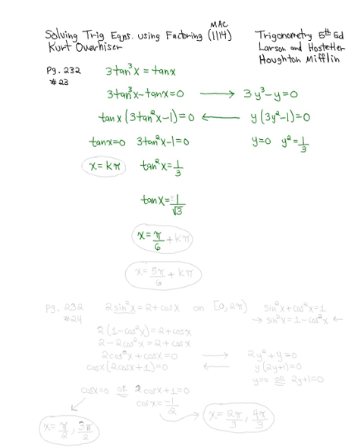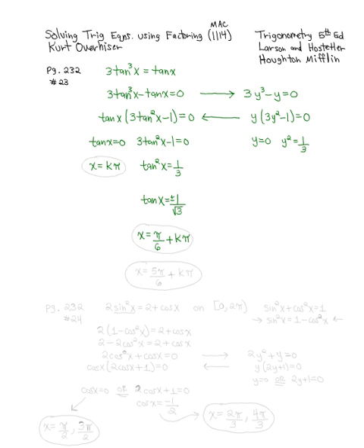And then, since the period of the tangent function is pi, we have to remember to add multiples of pi to our answer. But we're still not done, because when we took the square root of both sides, we have to remember to put a plus or minus in there.